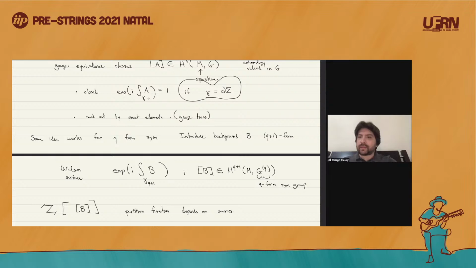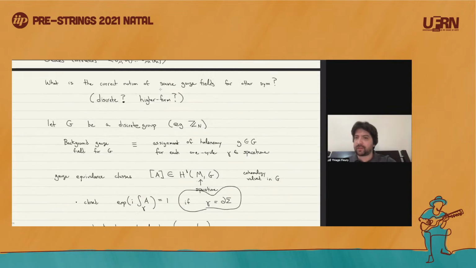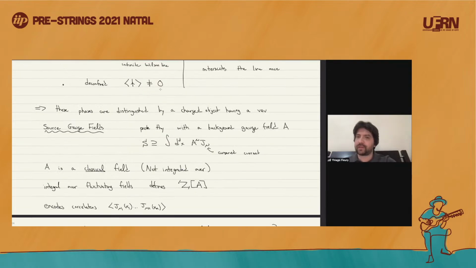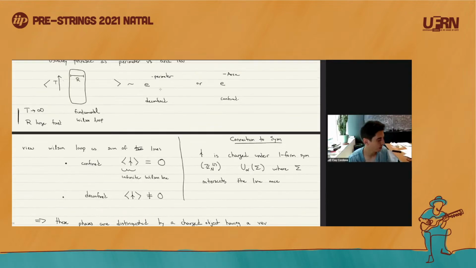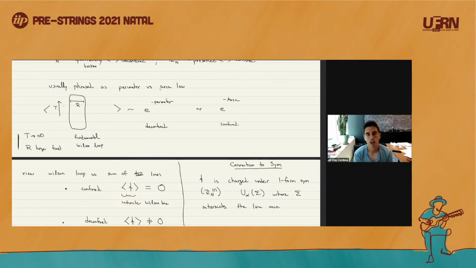Okay, there is also a question on the chat. It's Kaan. The question is just going back to the confinement discussion. Does the lack of one-form symmetry mean QCD is not confined in this sense? That's an excellent question. This gives a very nice way to say when there is a meaningful notion of confinement.